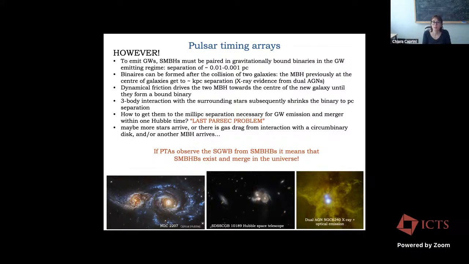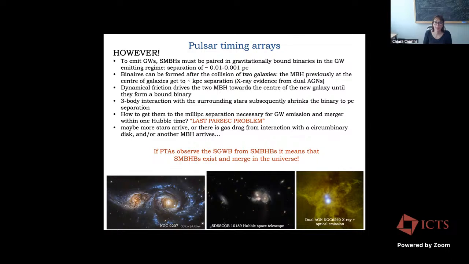This means a separation of the order of 10 to the minus 2 to 10 to the minus 3 parsec. So the two black holes must be close by in order for the binary to lose energy mainly through the emission of gravitational waves, and to produce a strong enough signal in the right frequency band to be detected with pulsar timing arrays.